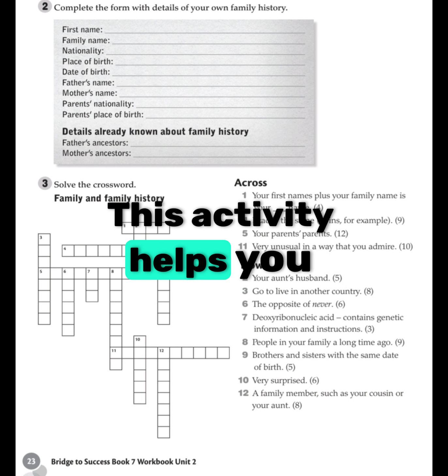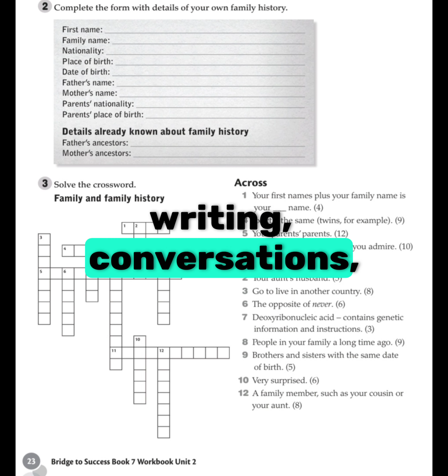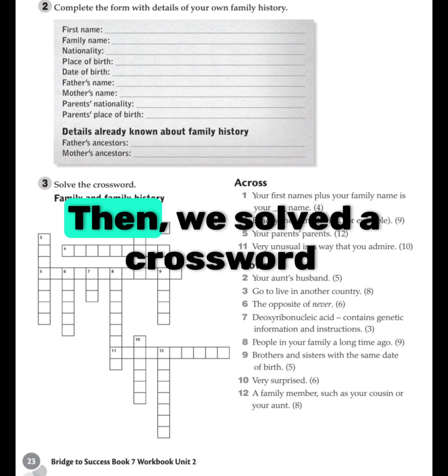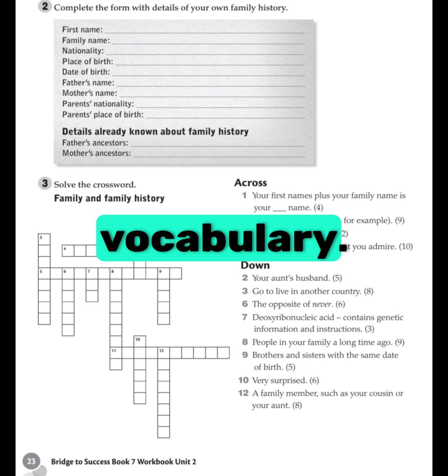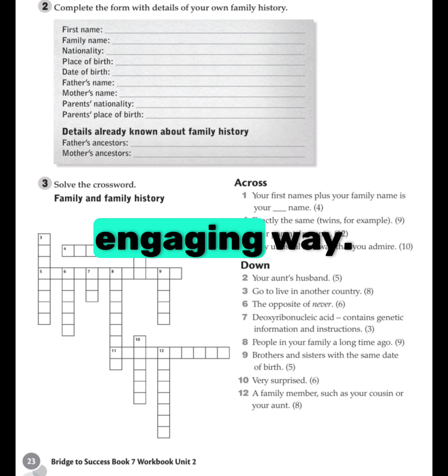This activity helps you organize details about your background, which can be useful for writing, conversations, or simply learning more about your heritage. Then, we solved a crossword puzzle focused on family and family history vocabulary. This gave us a chance to review key terms in a fun and engaging way.